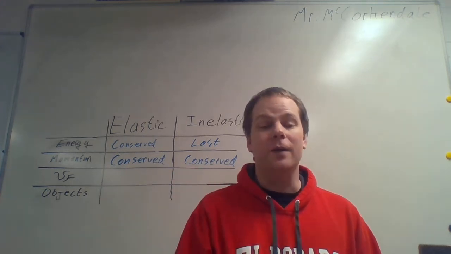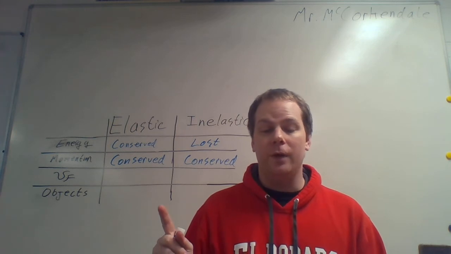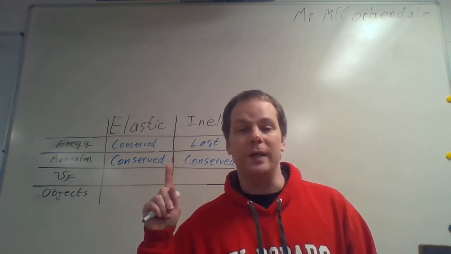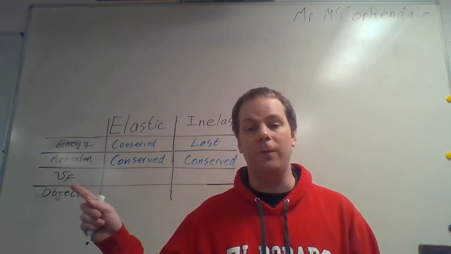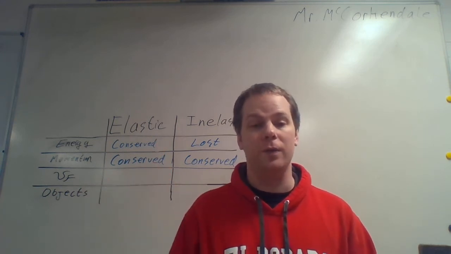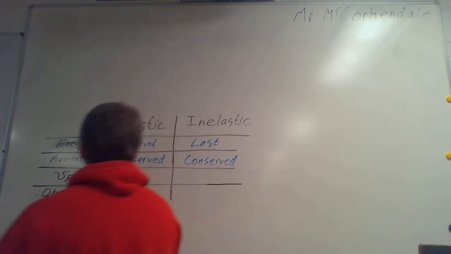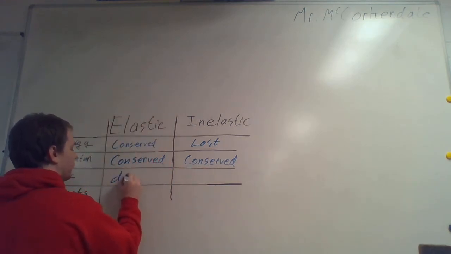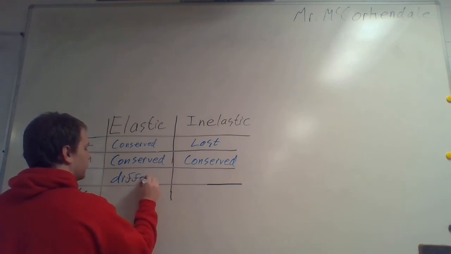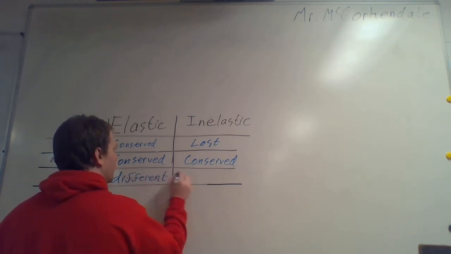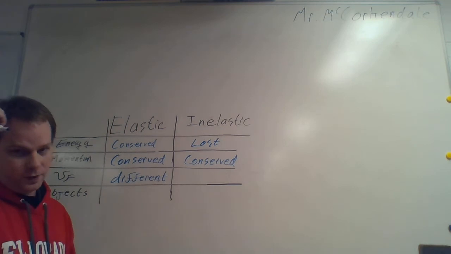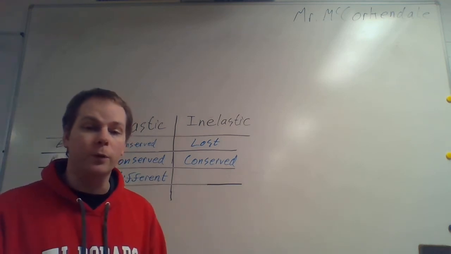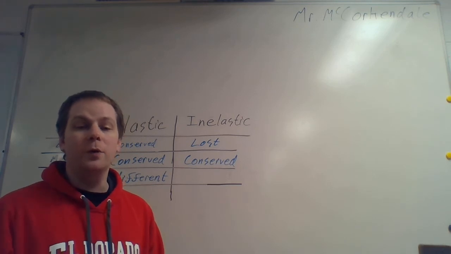Now, that said, VF could be the same or different. For an elastic collision, the VFs are also going to be different because they're going to move off in different directions. But in an inelastic collision, VF has to be the same for both objects because they are moving off together.